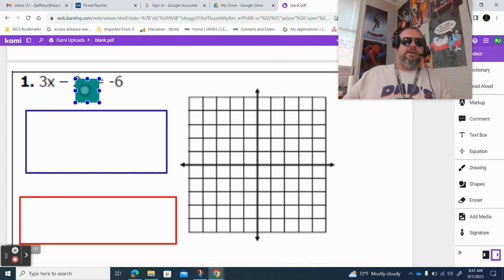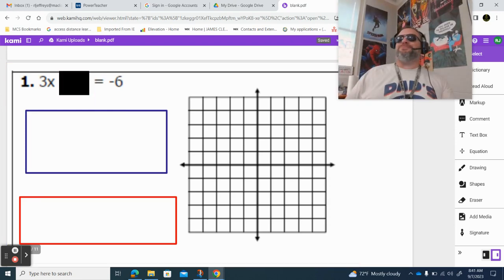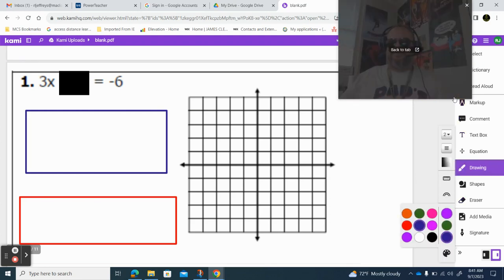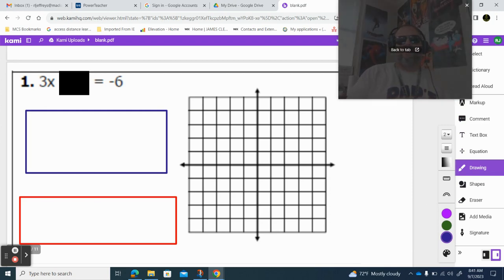All right, so we're going to cover up. Oh yeah, taking notes may be good if you have the handout. All right, so we did this. Did we or did we not? We're finding the x-intercept.